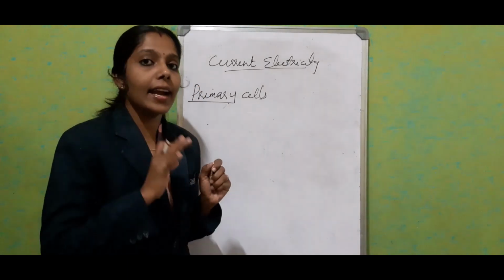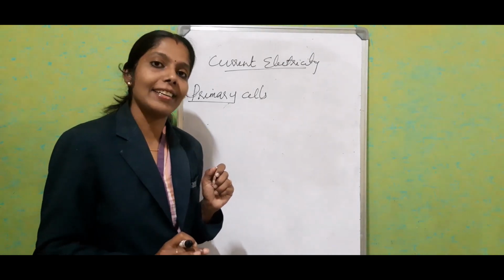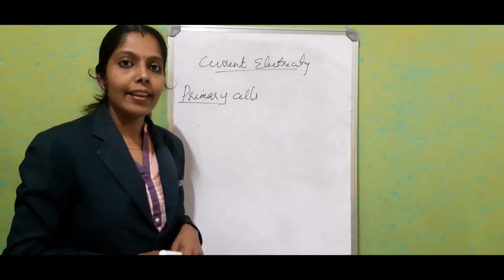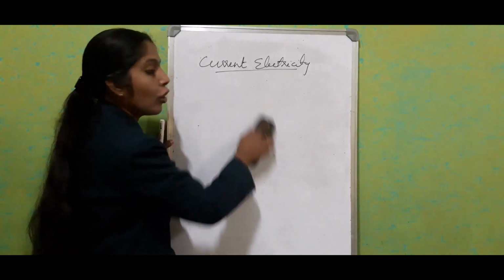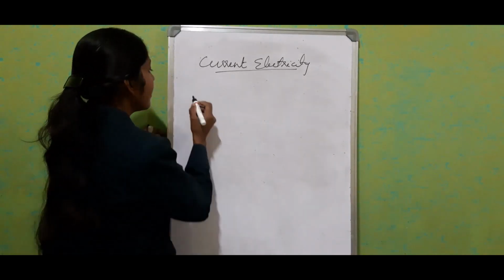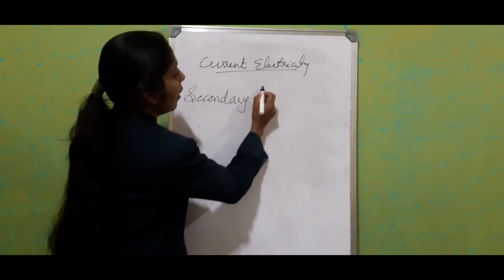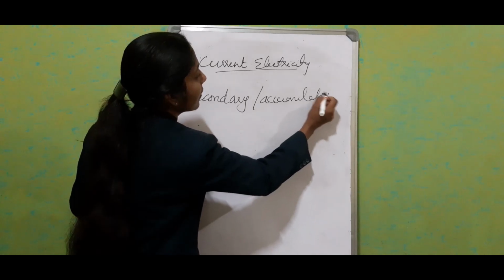Once the chemical reaction is over, it will not produce electricity. Okay, now the second kind of cell is secondary cells, or we used to call them accumulators.